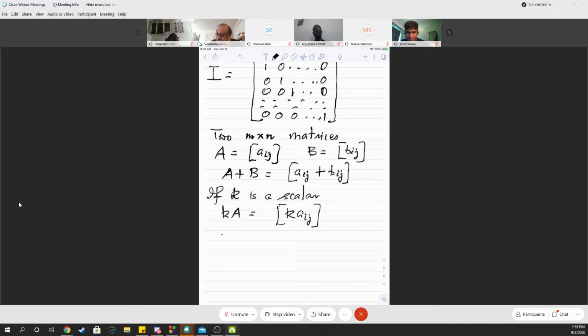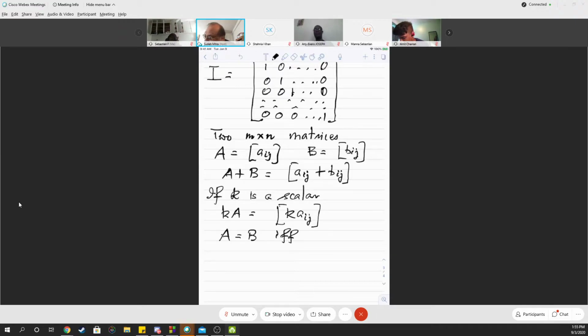The two matrices are equal, so A is equal to B if and only if there are 2 points here. They are both of the same order. So that means if A is a 4 by 3 matrix and B is a 2 by 2 matrix, it makes no sense to say they are equal or not equal. So that's the most important thing.